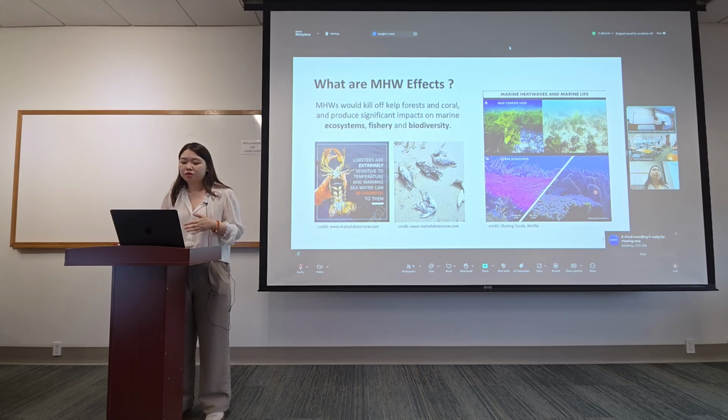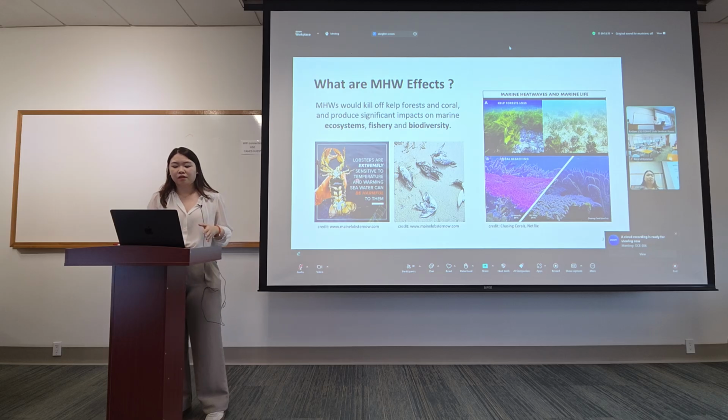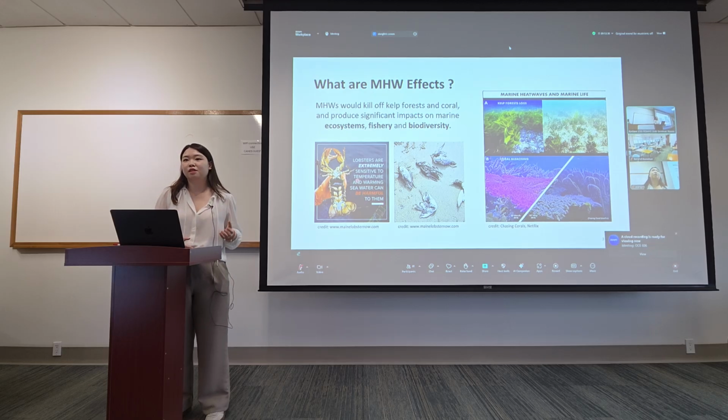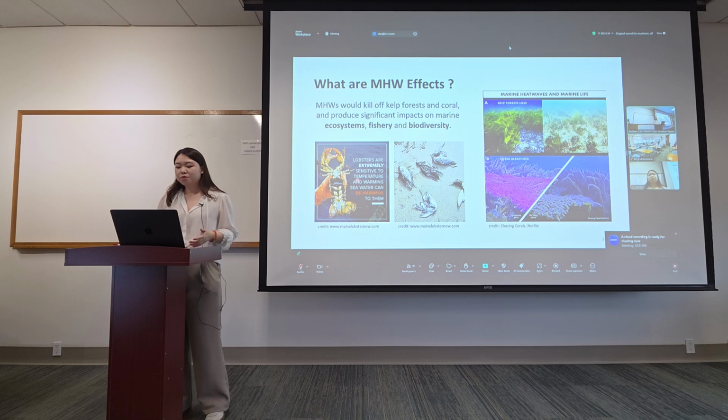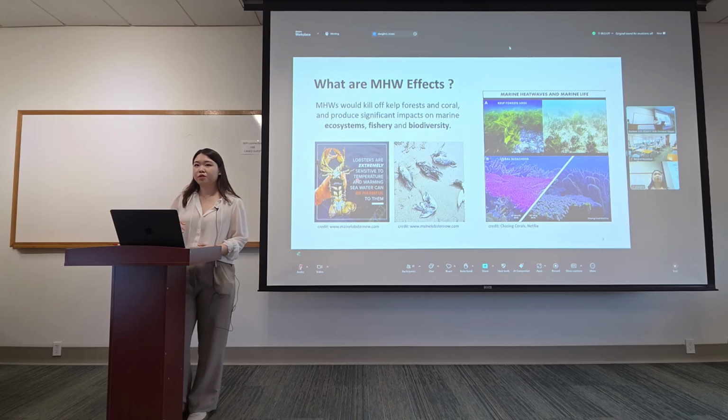Besides this, marine heat waves also threaten economically important species like lobster and crab. Lobsters are very sensitive to water temperatures. When a marine heat wave happens, the sea surface temperature becomes warmer, and the lobsters may leave their habitat or even lose their lives. So marine heat waves do not just warm the ocean, they can disrupt the ecosystem, damage the fisheries, and affect communities. This is why they deserve our attention.